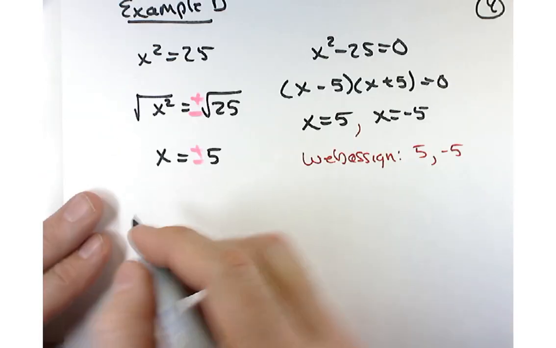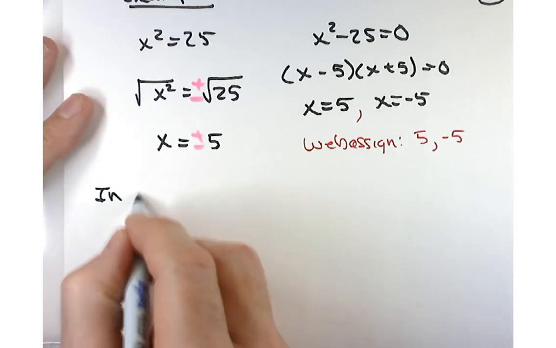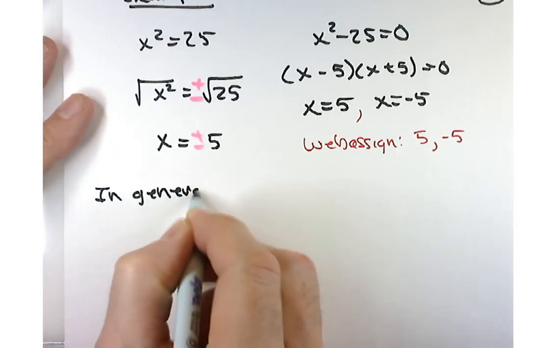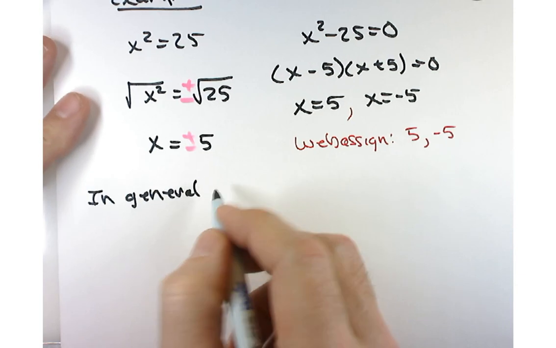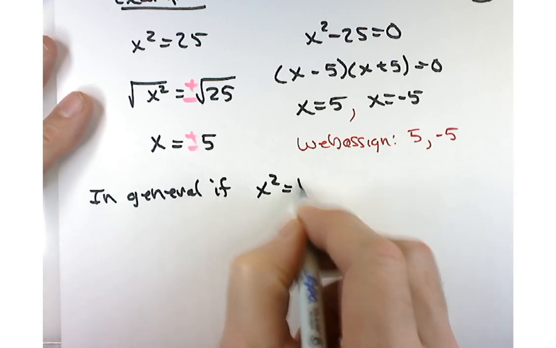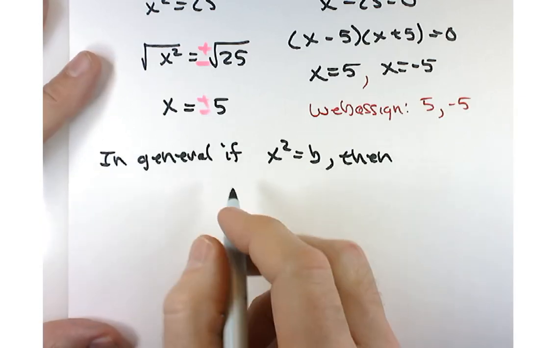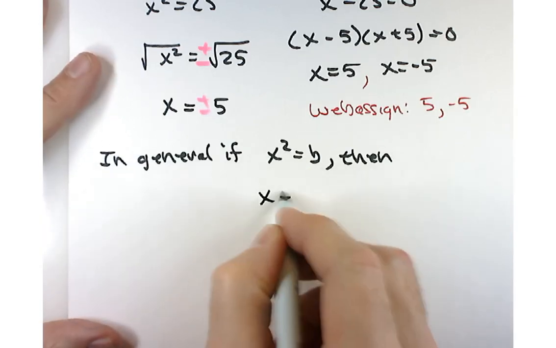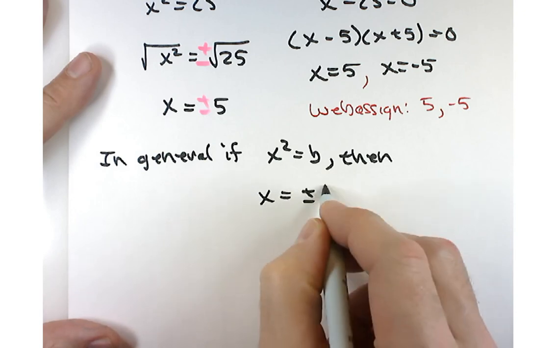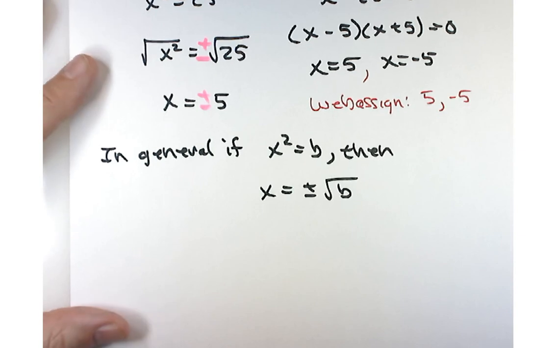Okay, so with that idea, let's talk about things in general. In general, if x squared equals b, then you can take the square root on both sides. You're going to get x equals plus or minus the square root of b. There's 2 solutions there.